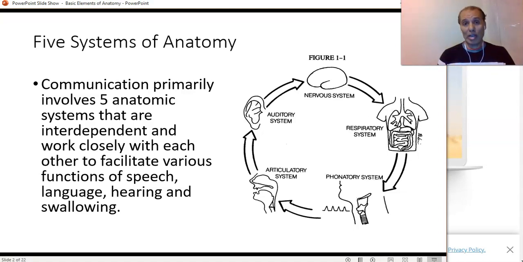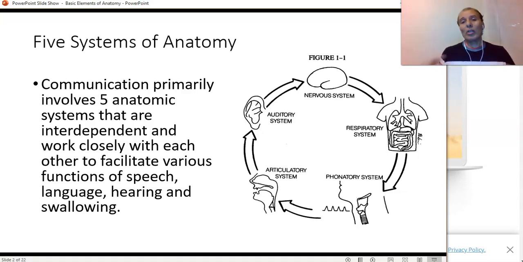Without the brain, without the nervous system in general, that body will be practically dead. And that's the definition of death. When you say brain dead, it means there's no way for that person to come back to life again. So everything begins with the brain, and everything ends with the brain.